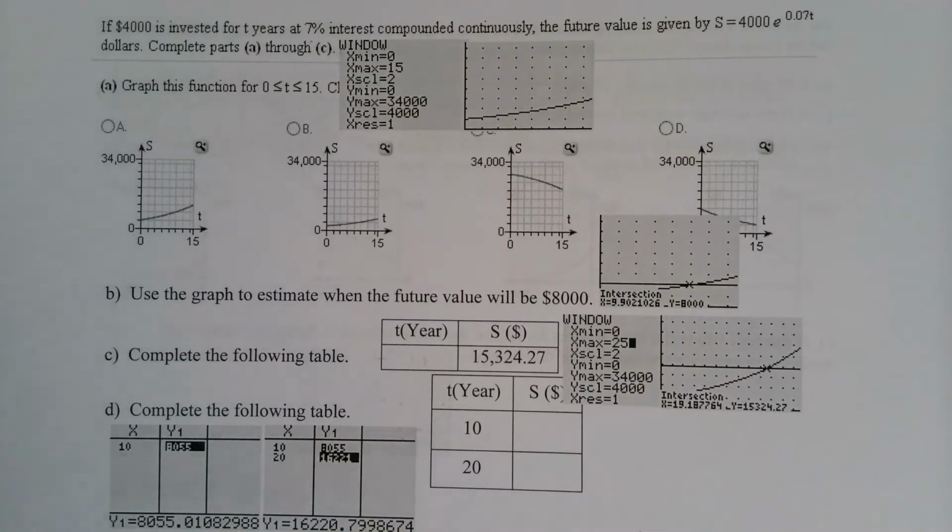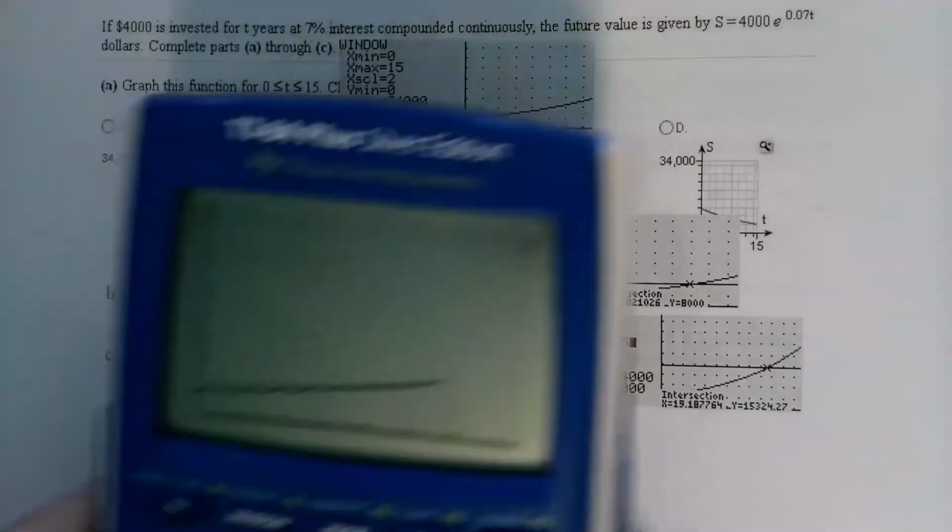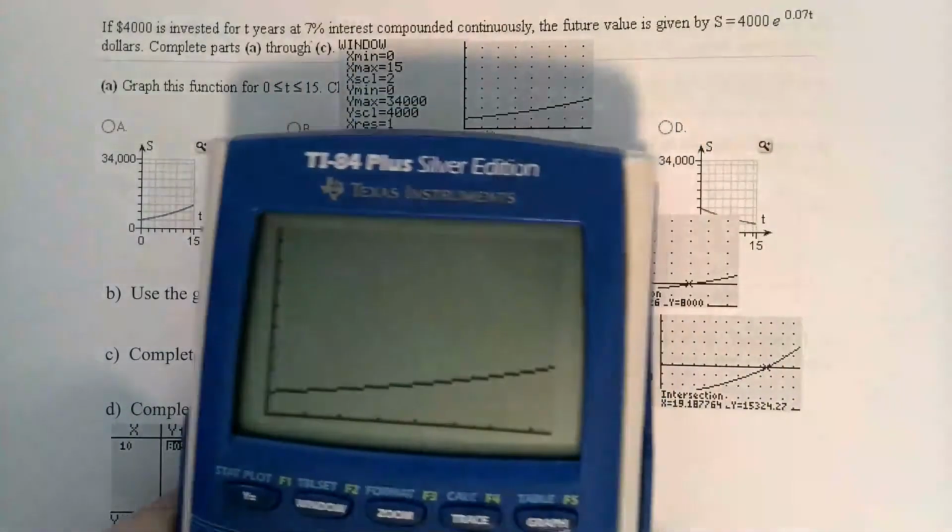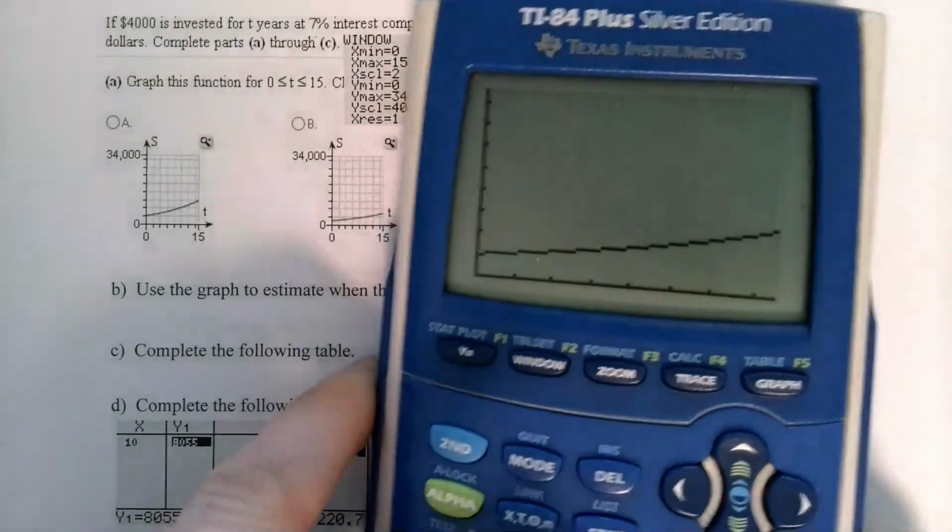So the first part is to draw the graph. We have to pick the graph from the choices. So I'm going to use my calculator to graph this. I know it tells me to use a window of t up to 15.